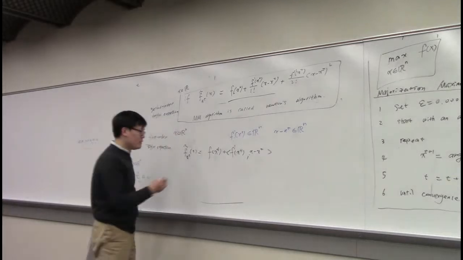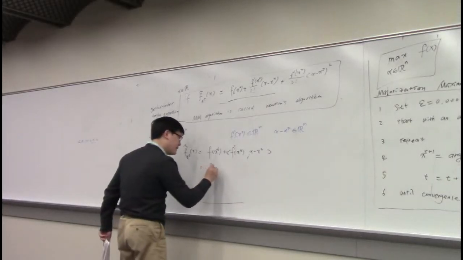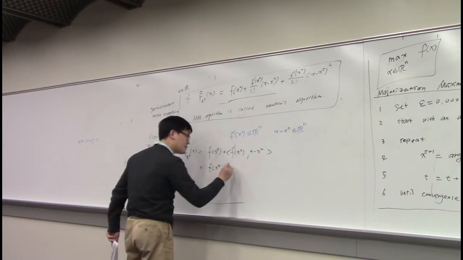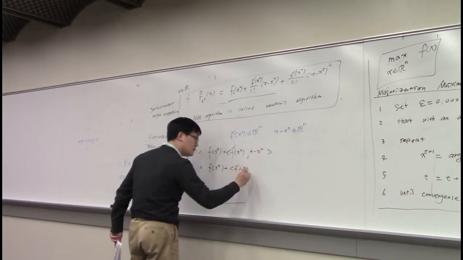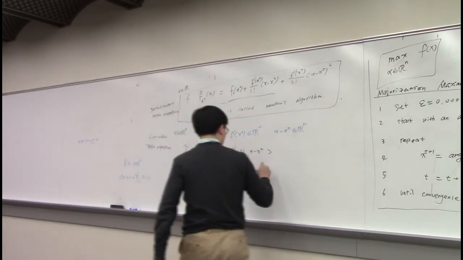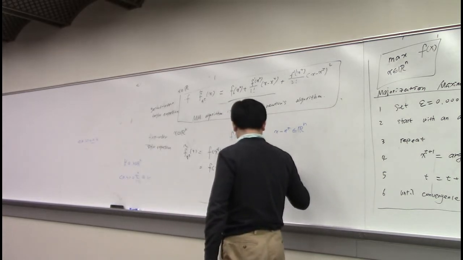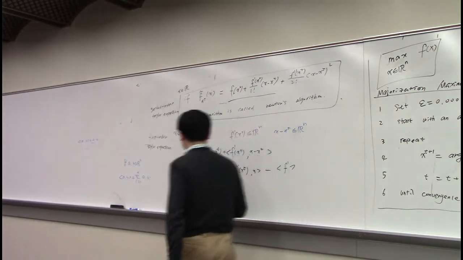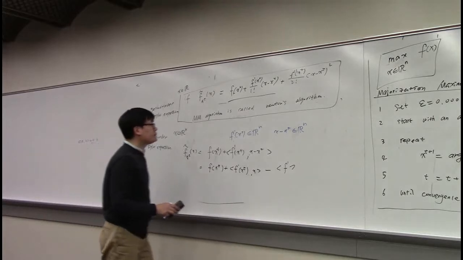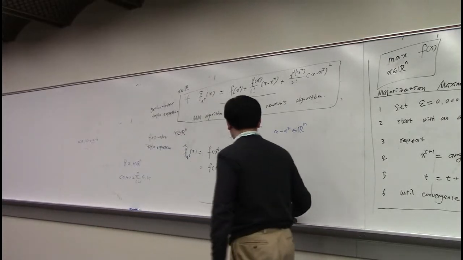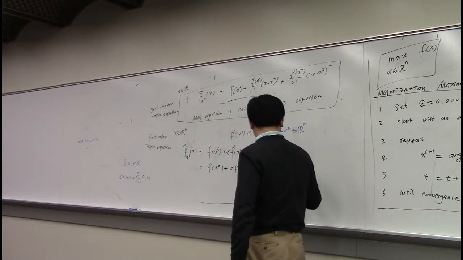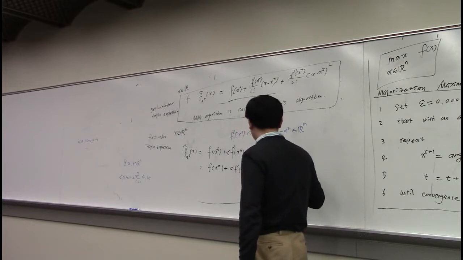So this is equal to f(x_t) plus the gradient of f at x_t, dot product, x minus x_t.